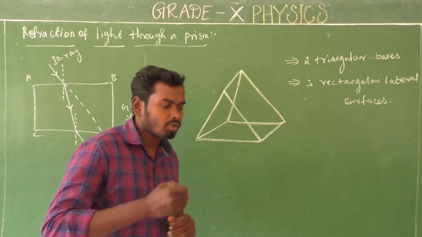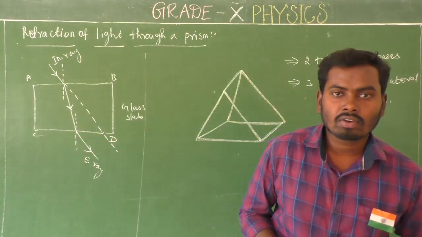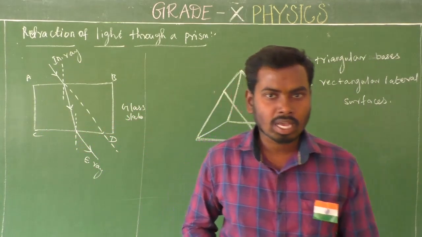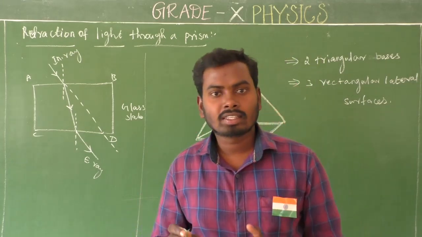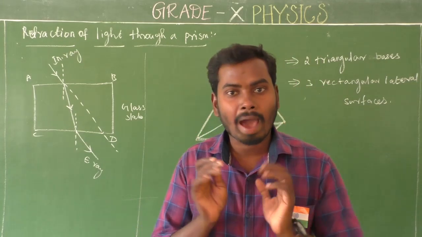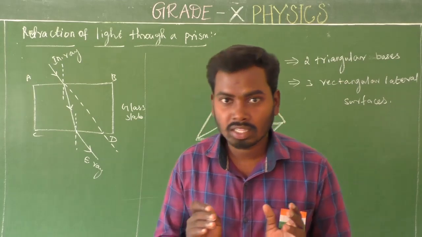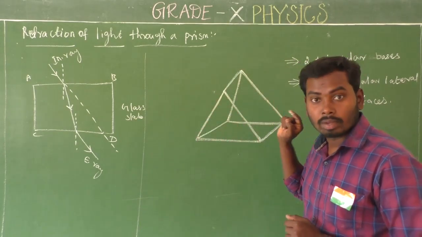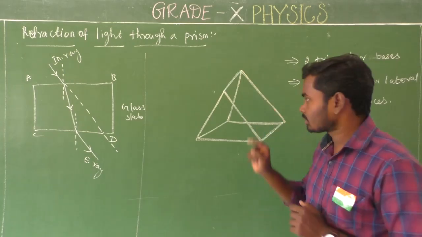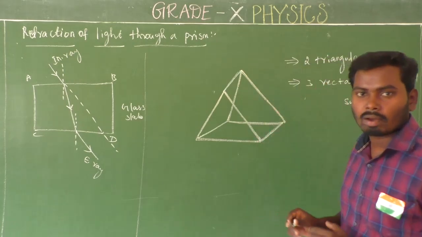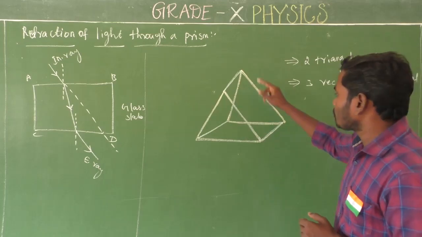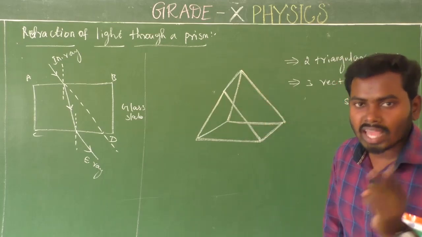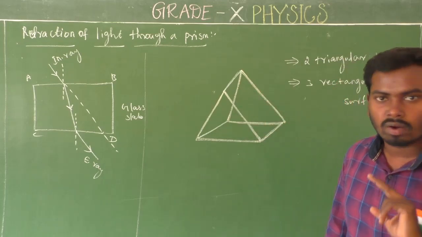So in this session we will discuss the refraction of light through a glass prism whose refracting surfaces are not parallel to each other. That transparent medium is a glass prism. This is the actual diagram of the glass prism. This glass prism has two triangular bases, or we can say triangular ends.